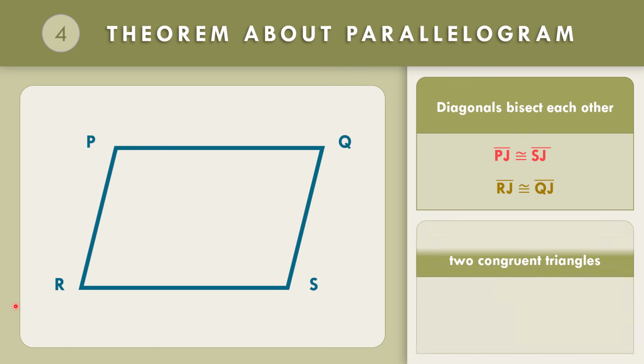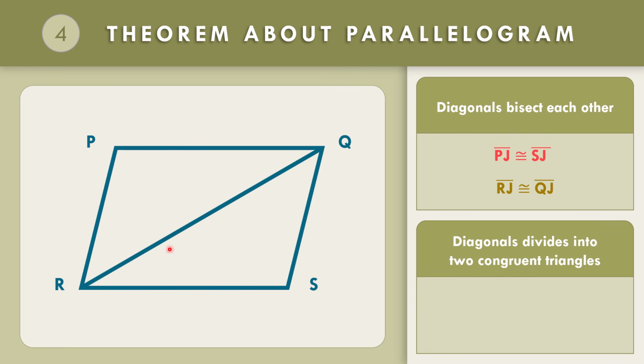Another, diagonals divide the parallelogram into two congruent triangles. So if we divide like here, that becomes triangle QPR, this red triangle, which is congruent to triangle QSR, this yellow triangle. So the red is equal to the yellow triangle. QPR is congruent to the triangle QSR.